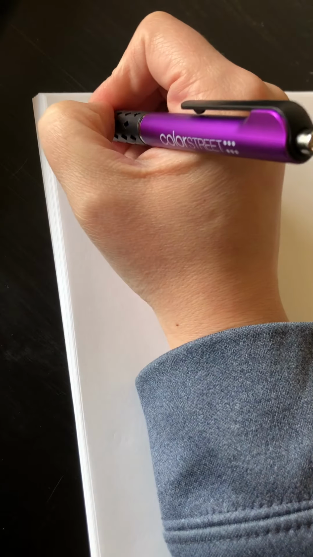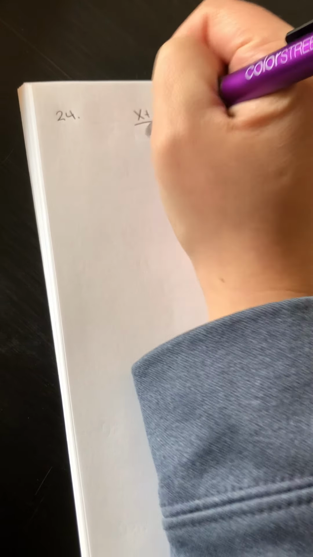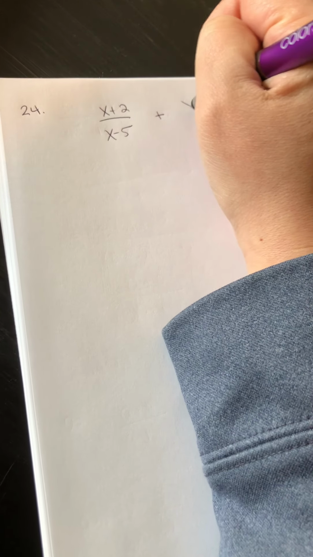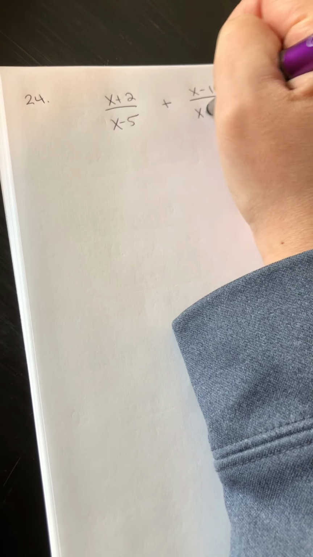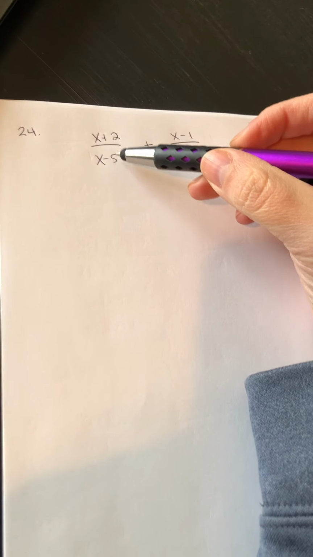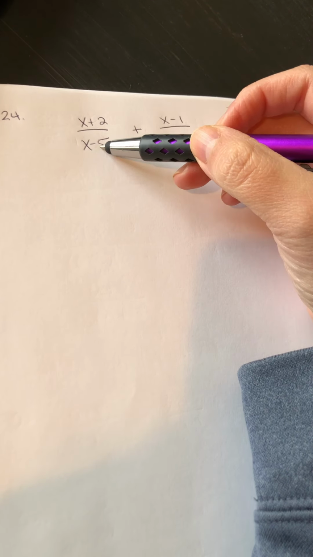For number 24, we have x plus 2 over x minus 5 plus x minus 1 over x plus 2. So again, for this one, your least common denominator is whatever you can turn both of these into.